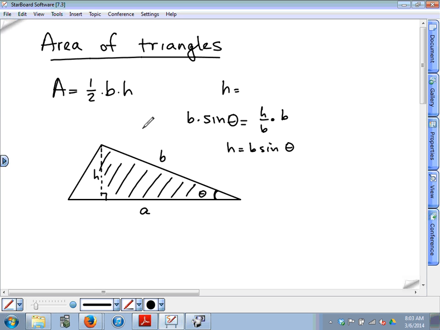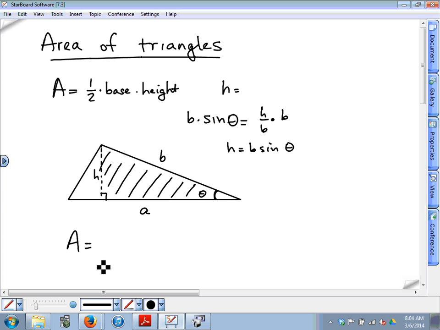So now this is going to get a little confusing because this B is not the same as this B. Let me actually rewrite this. It's 1/2 times the base times the height, just so we don't get confused with B's and A's and everything else. So let's rework this formula now.